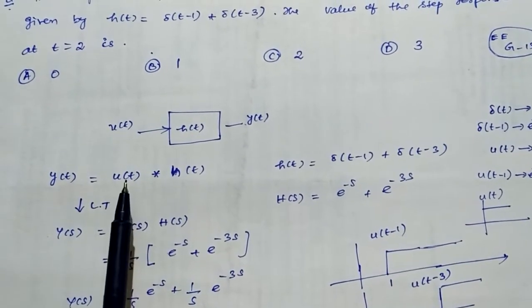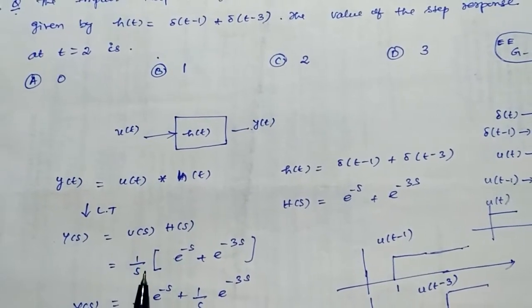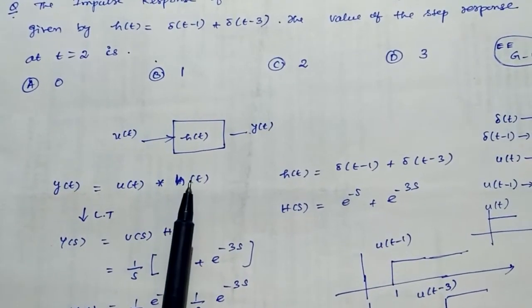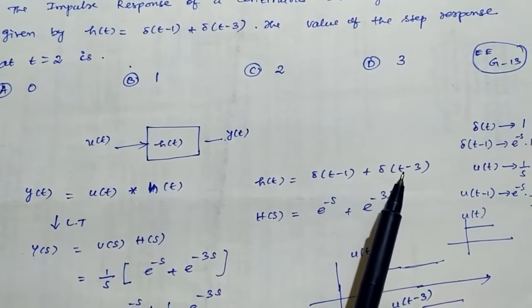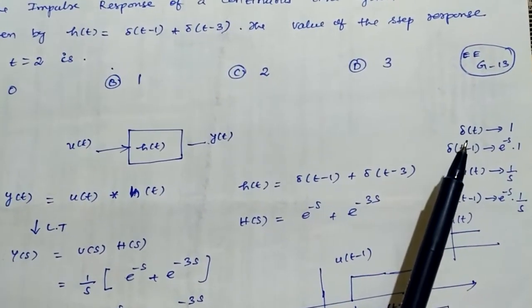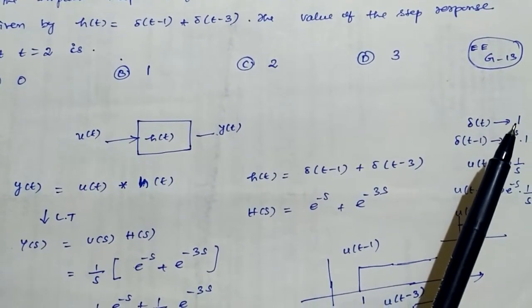So u(t) is a step input whose Laplace transform is U(s) = 1/s. h(t) is given as δ(t−1) + δ(t−3). We know that the impulse function has Laplace transform equal to the constant value 1.